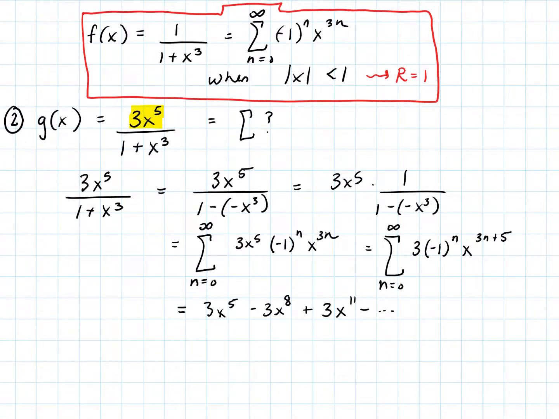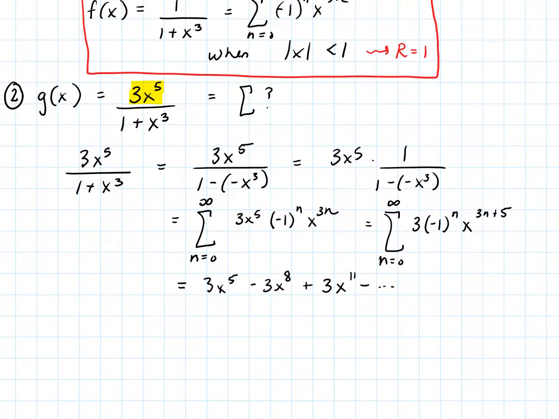We're still going to say that this is true when the absolute value of x, utilizing what we have from the previous example, is less than 1. If we hadn't had that previous example, we would have the additional step, but we already did this work in the previous example, so I'm skipping that step.